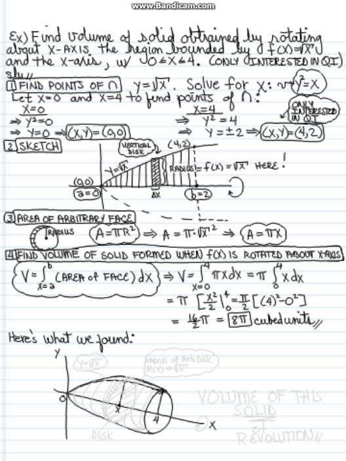And we took an arbitrary location on the x-axis, x, and we took a little slice of our approximation, a disk, and that had the radius of the function, which was the square root of x. And so the area of that disk, the face, was pi r squared. So it was pi times the square root of x squared, which just gave us pi times x. All right.